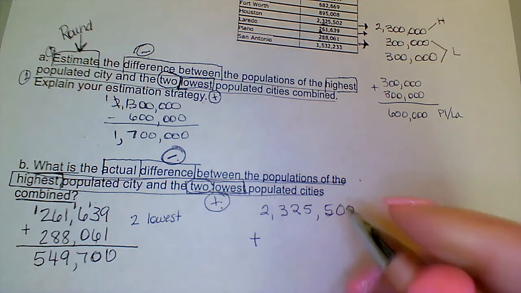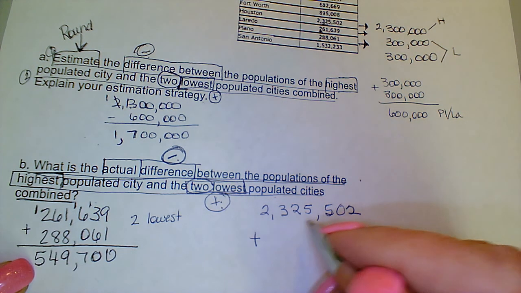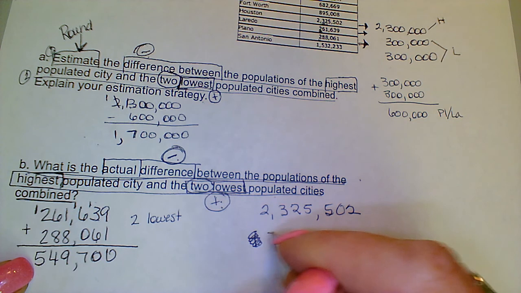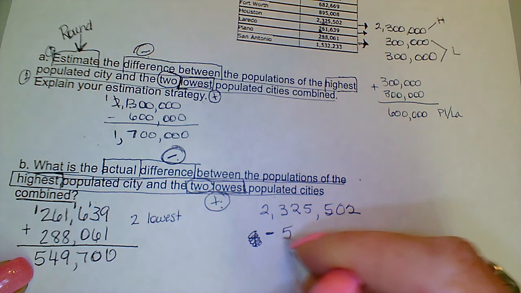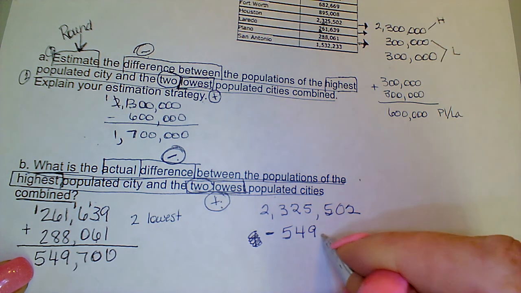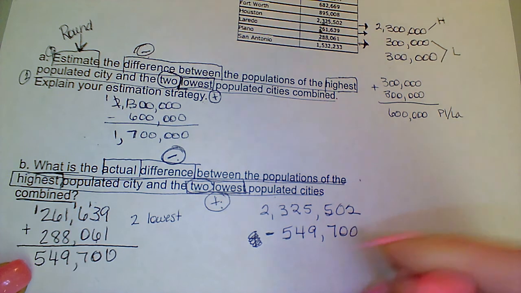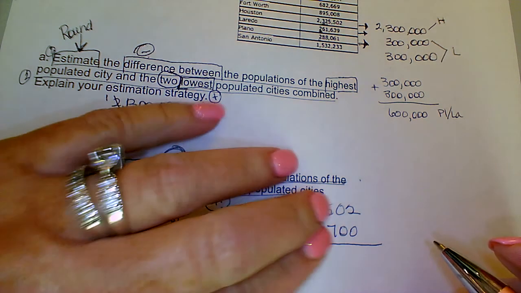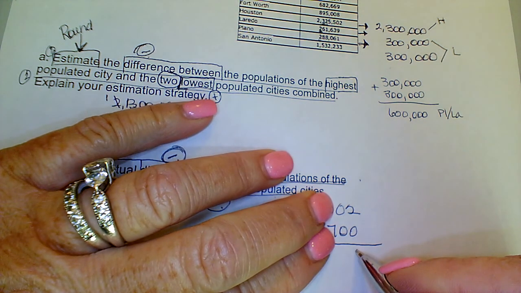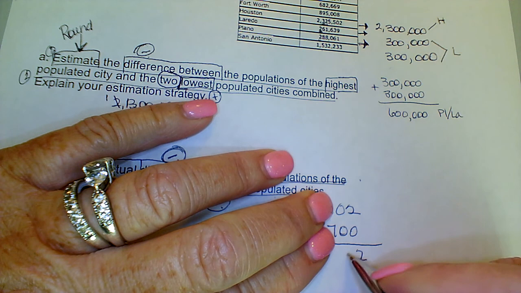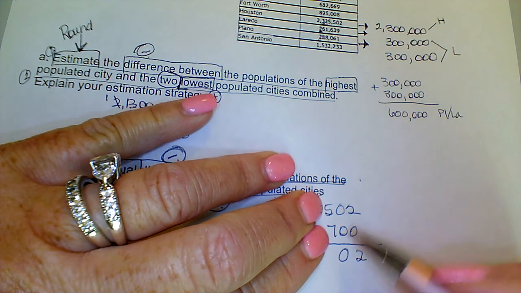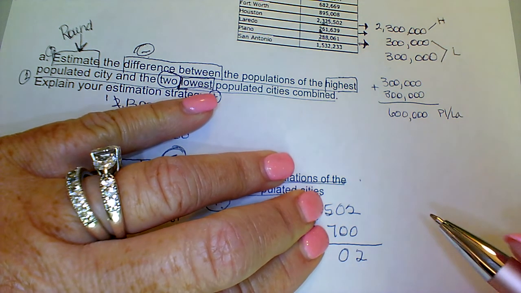So if you have to do that, please do it. We're going to take this number, and I'm sorry we're not adding, we're subtracting. 549,700. So when I take 0 away from 2, I get 2. 0 from 0.